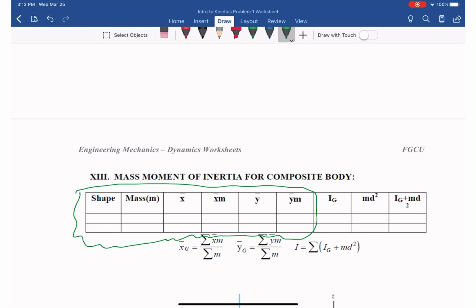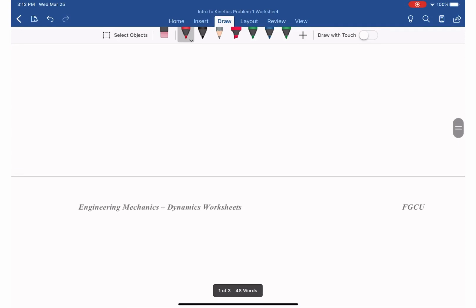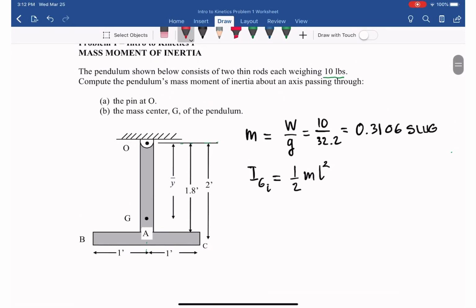The fourth column is basically to find the x bar of the standard shape, the location of the center of mass. In this case, luckily, the body is homogeneous and symmetrical about the y-axis. With that, you can see G has to be located on y, and with that x bar equals 0.